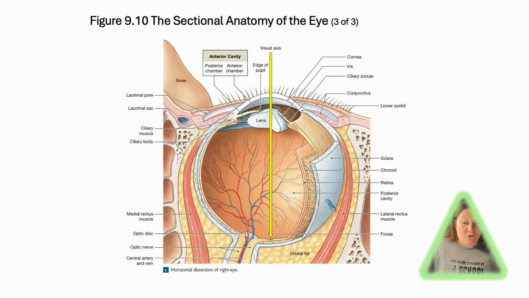The other structure that we should note here is the optic disc. The optic disc is where we have the entrance of the optic nerve and the blood vessels that innervate the retina. On that optic disc, we do not have any photoreceptors at all. So this is considered a blind spot, which is really interesting. There is a demonstration in your book on page 359.